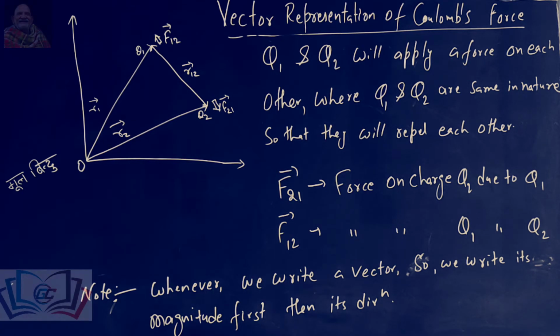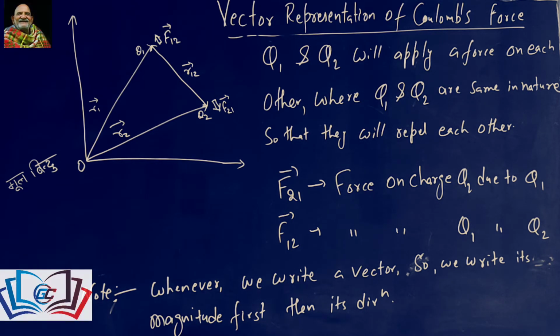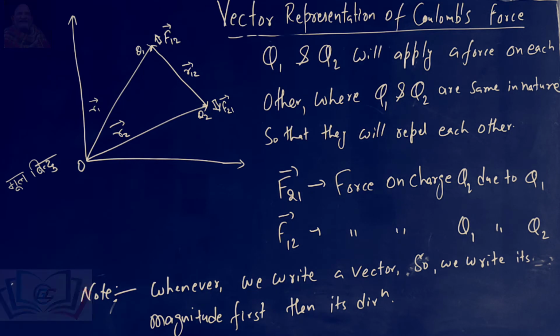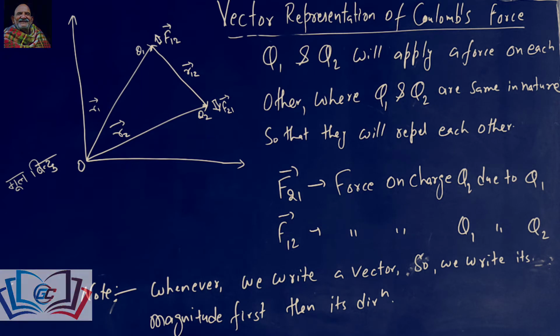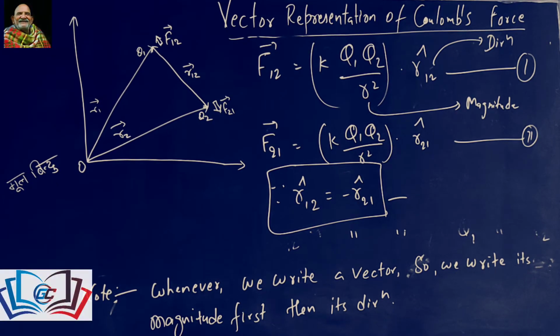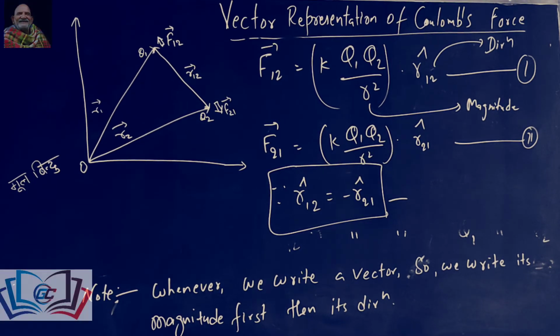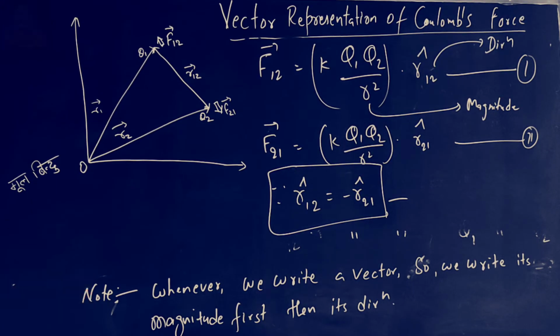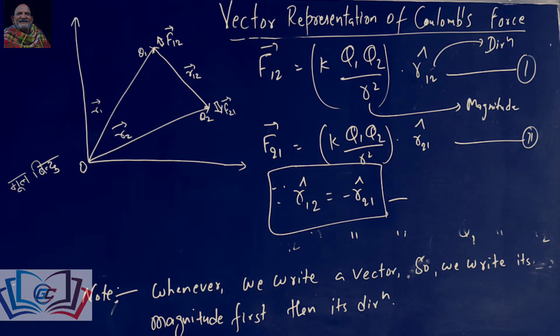Now note it: whenever we write any vector, first of all we have to write its magnitude, then we write its direction. So we write F12 and F21 with the formula, magnitude and direction. From Coulomb's law, the F12 vector is equal to k q1 q2 by r square into the r12 unit vector.